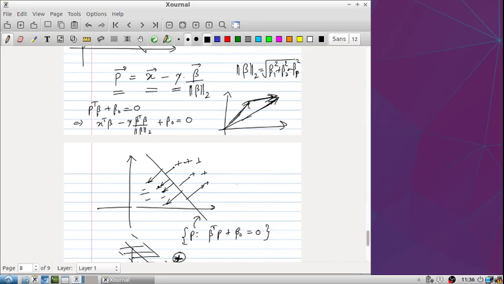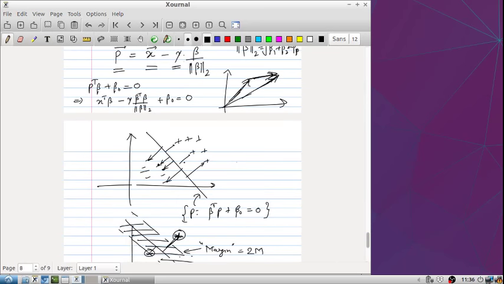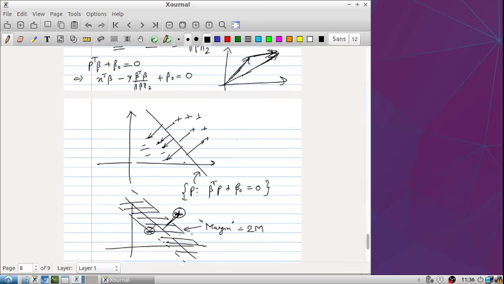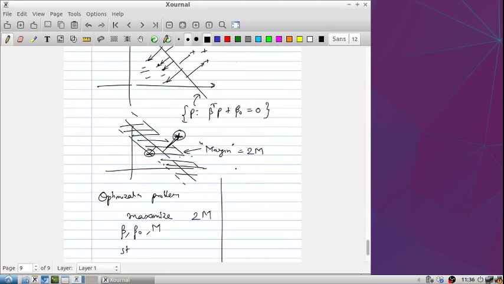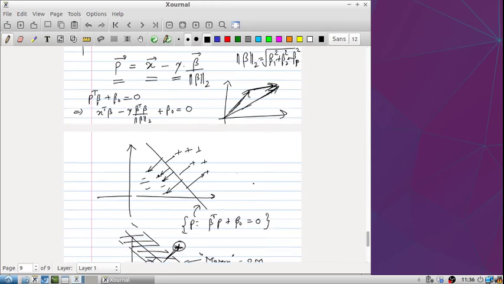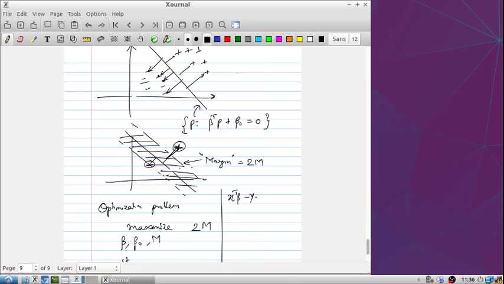But the distance is gamma, so I want to reuse that. What I've written above is x transpose beta, minus gamma times beta transpose beta.